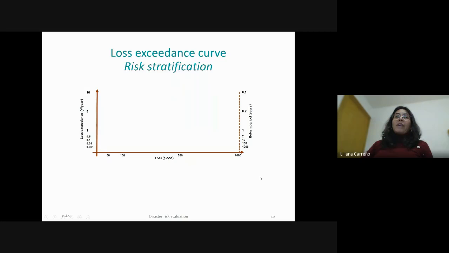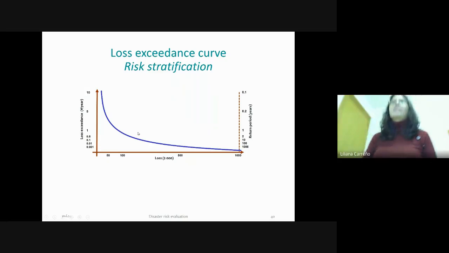With this kind of analysis, with this kind of result with the loss exceedance curve, I can do a risk stratification. What is that? I can define different layers.